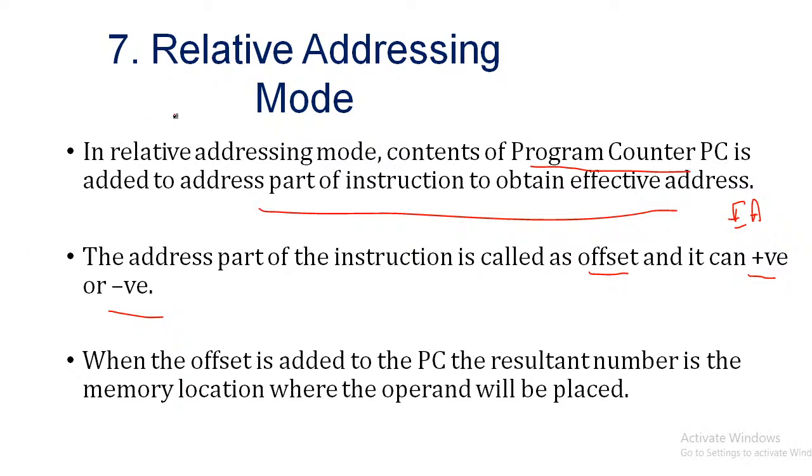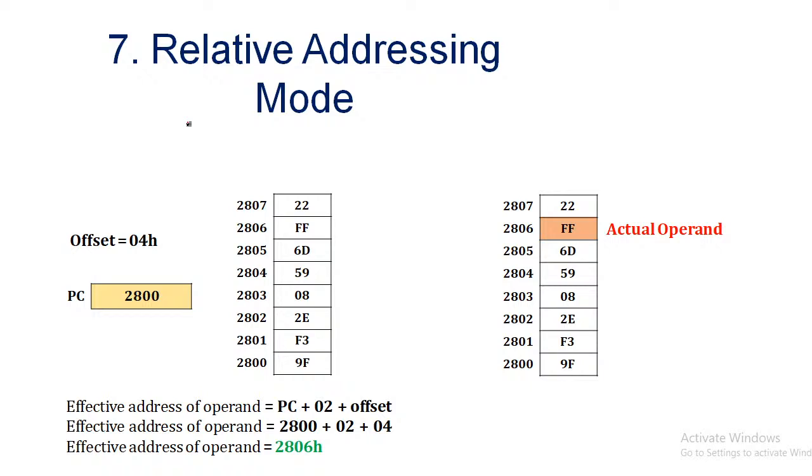Now let's have an example here. You can see in this case the offset value is 04 and the program counter is containing the value 2800. When the program counter contains 2800, it points to this location.